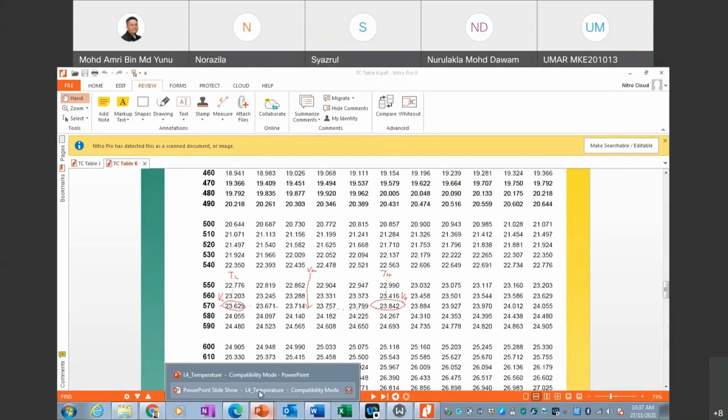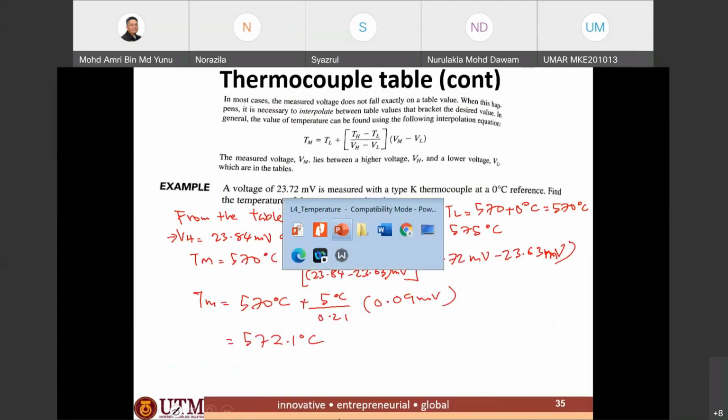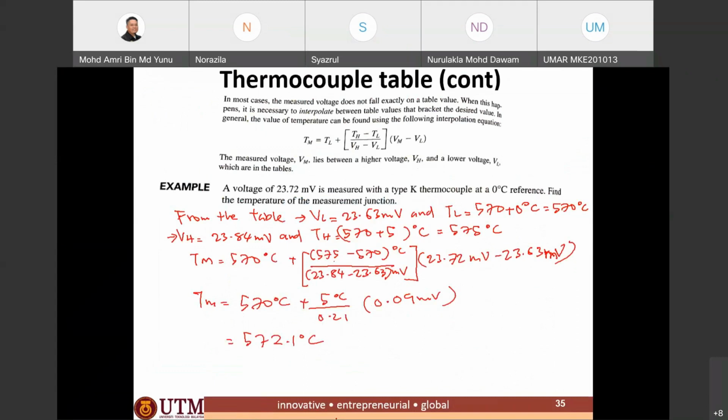No problem, as long as the value that you chose is okay. Basically, VM or TM is in between the 2 points that you chose.